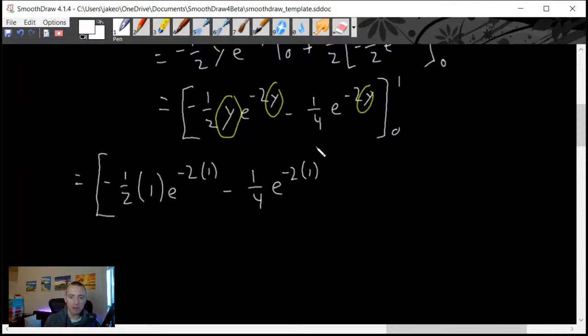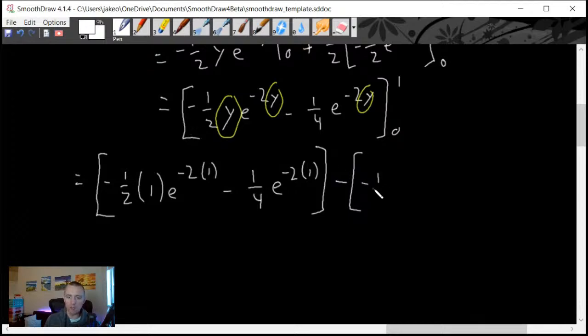Now it is very important. You need to put parentheses around this whole thing. And then we're going to go into this whole thing again and replace all of our y's with our lower bound. So this is what we get evaluating at 1. Now we need to do the same thing with our lower bound of 0. And then we're going to subtract the two.